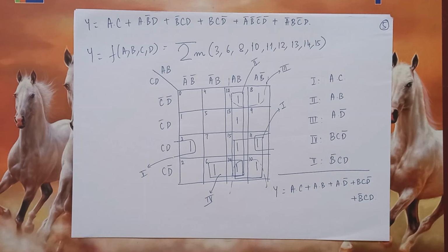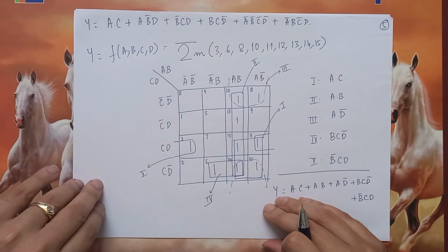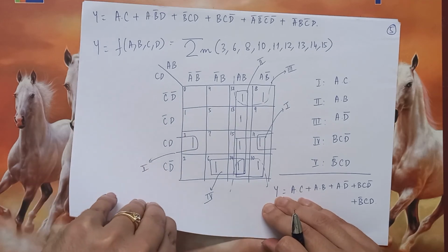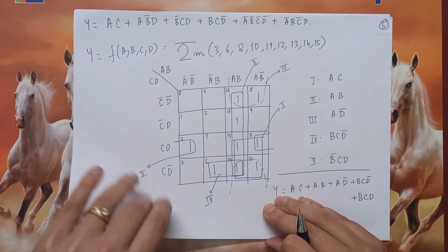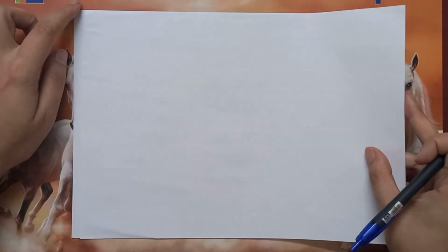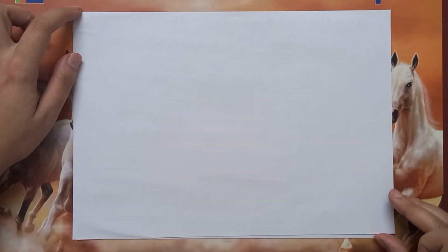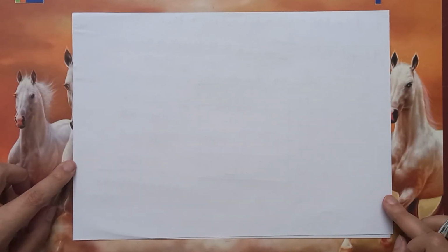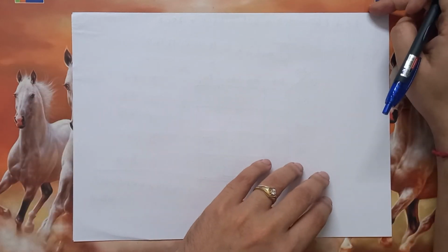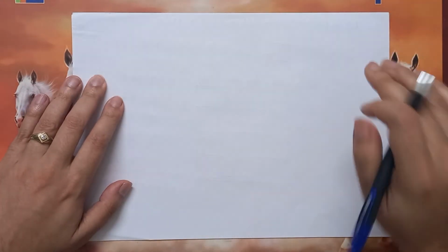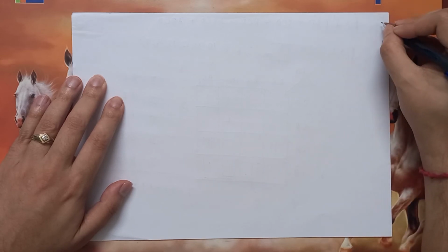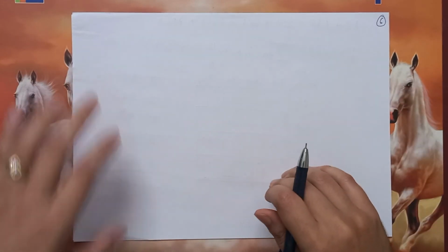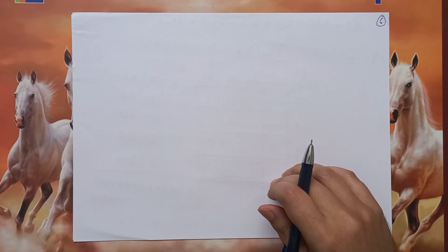So let us say I have another 4 variable function, which is probably not what I would like, that is, a form which cannot be simplified.